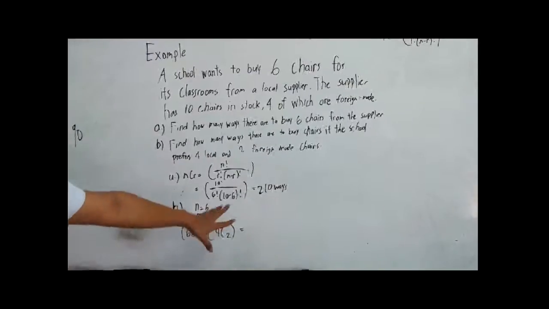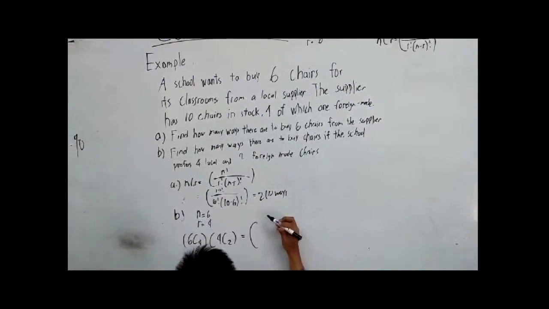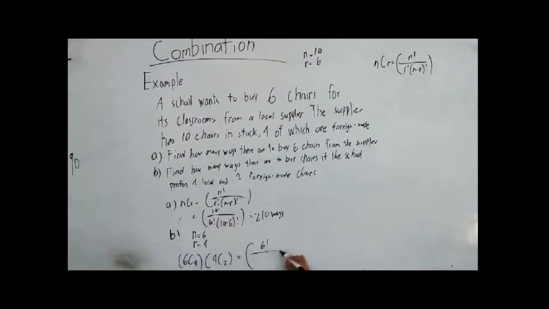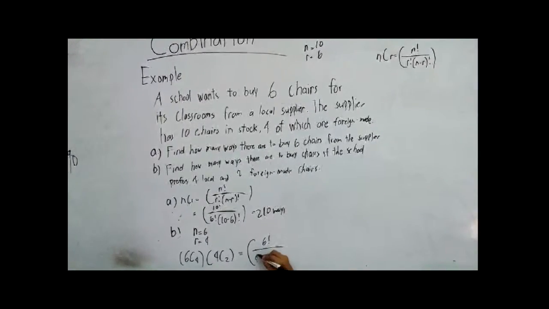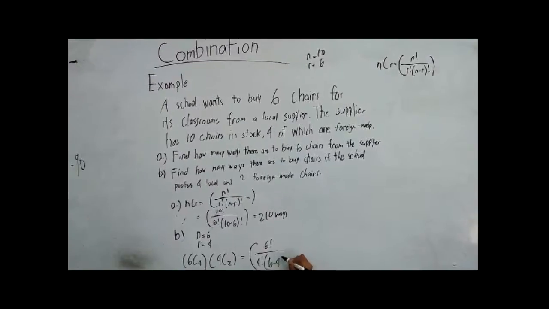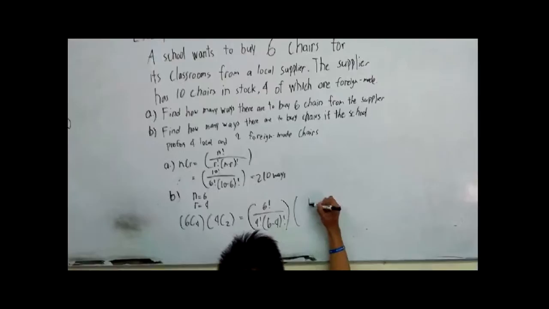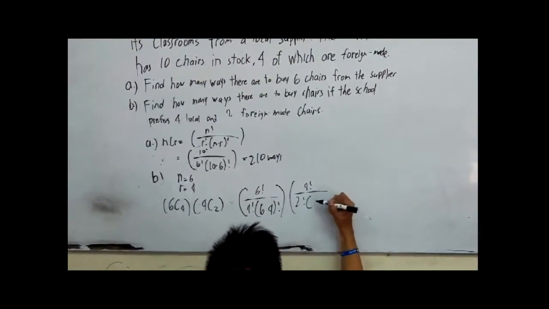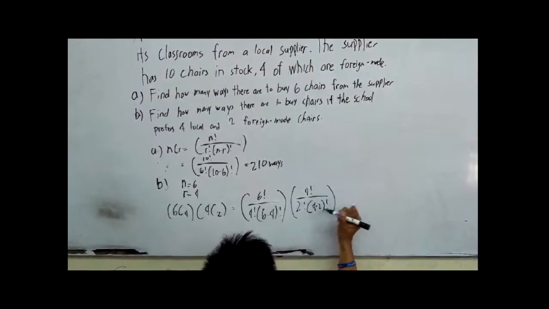If we use the long method, we must substitute it in the formula. 6 factorial all over 4 factorial, 6 minus 4 factorial multiplied by 4 factorial all over 2 factorial, 4 minus 2 factorial.